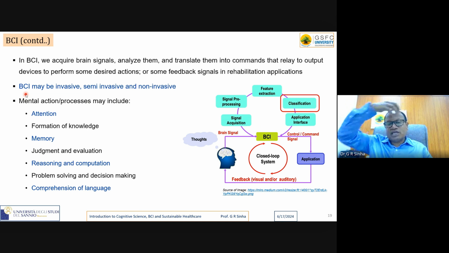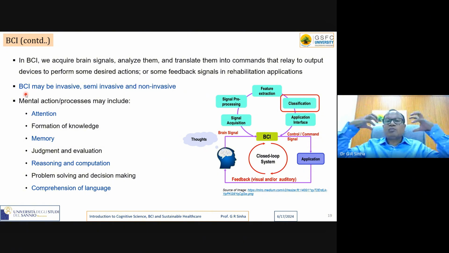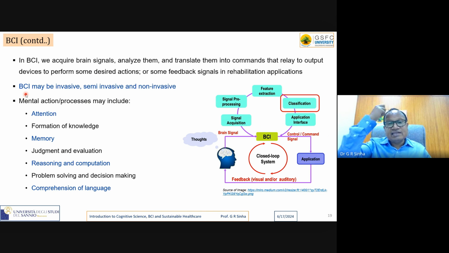You just put a cap-like structure over the skull. You do not penetrate. You do not do any surgery. You do not insert any needle inside your brain. When you insert something, when you do some surgery, when you put something inside your brain, inside your skull, that becomes semi-invasive or invasive.